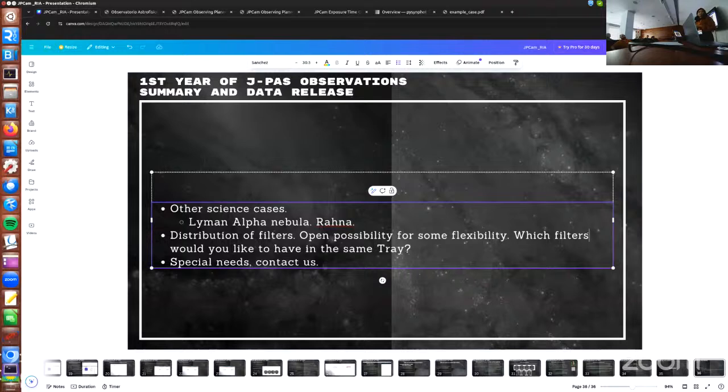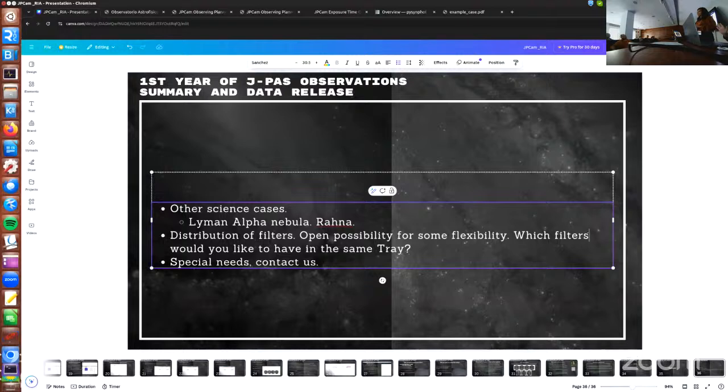Otherwise we are lacking some of the most important science. Most people are working with the catalogs. We are only a few people working on the images, so deep observation is very important for us.